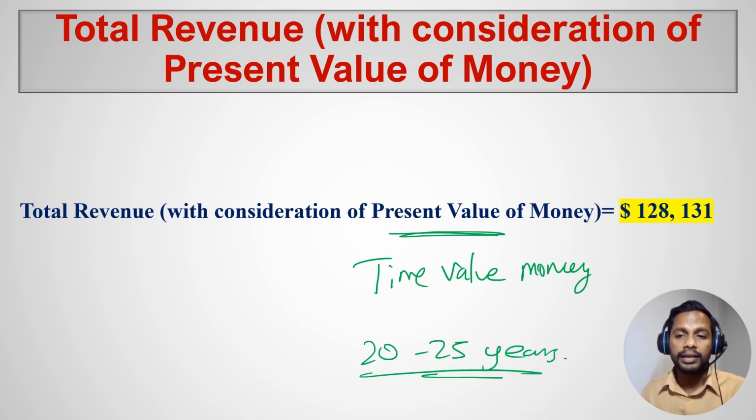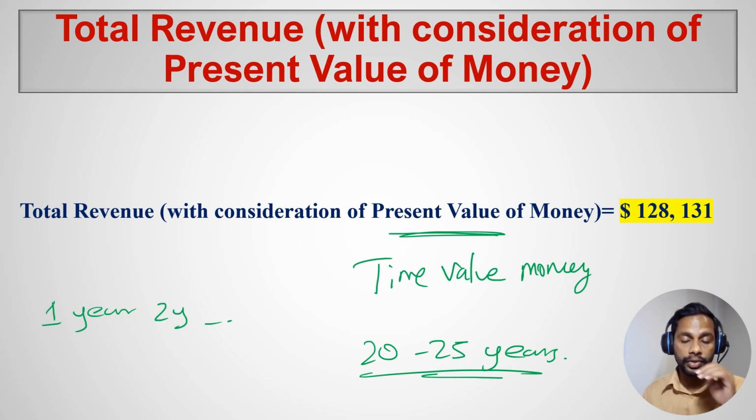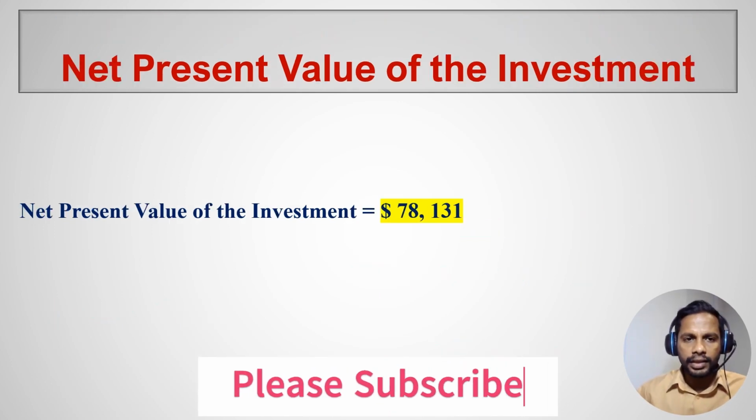In comparison to other businesses, like a grocery or supermarket, those businesses are like a 1 year period, or 2 years, or some different small businesses. In comparison to other businesses, the solar PV investment decision is a little difficult because it's a long-time project.